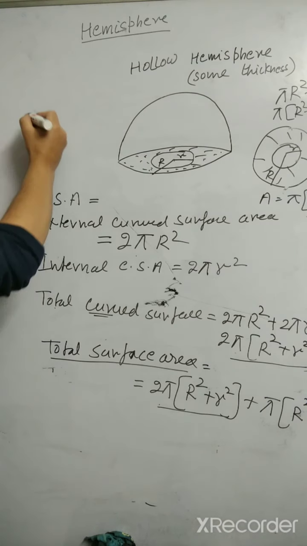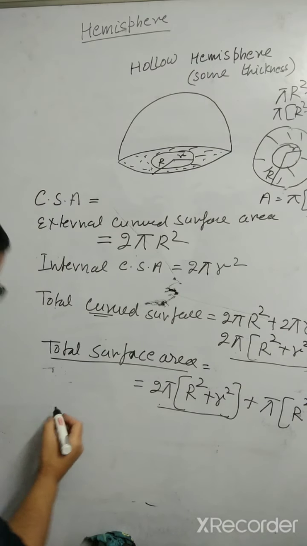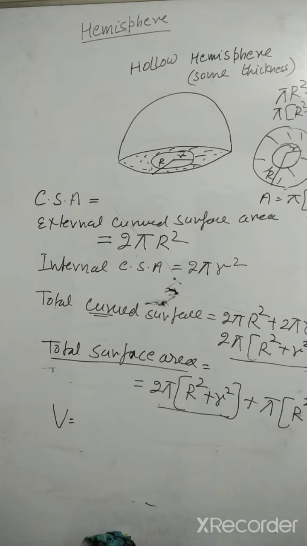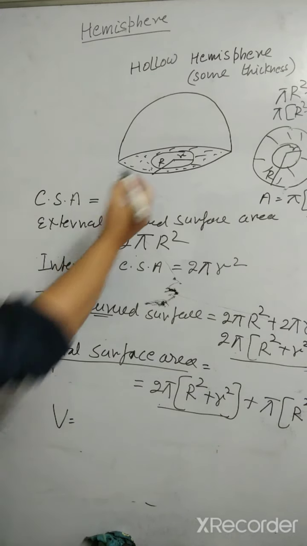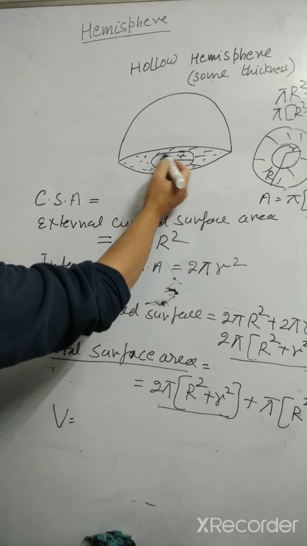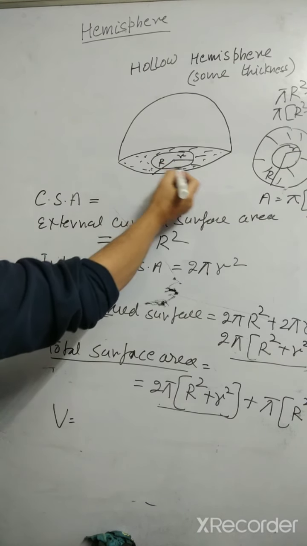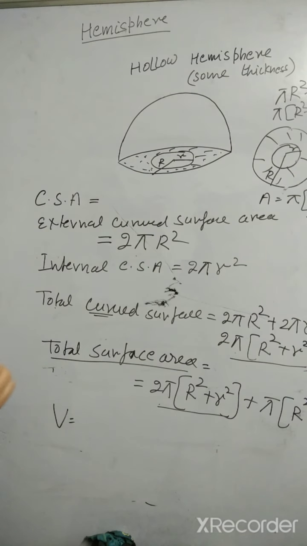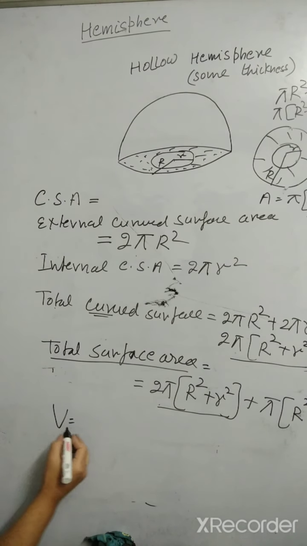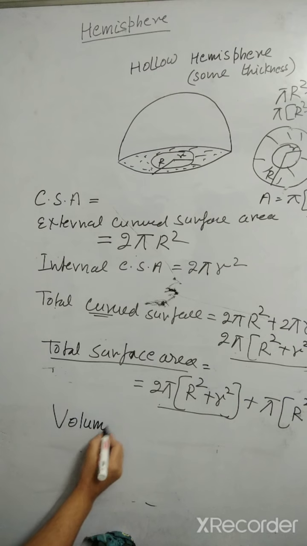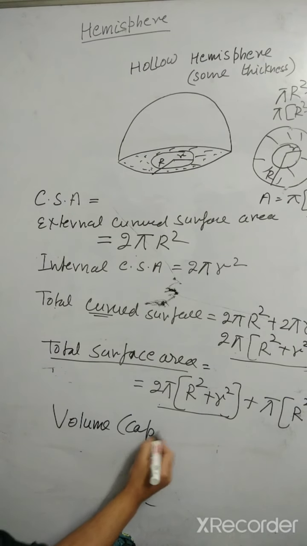Now if the volume is asked, what is asked? Volume of this, right? Now here if you say the capacity of it, it means how much water or how much fluid it can hold, or how much fluid you can fill inside it. That is called capacity, right? Volume if you are finding, that is the capacity.